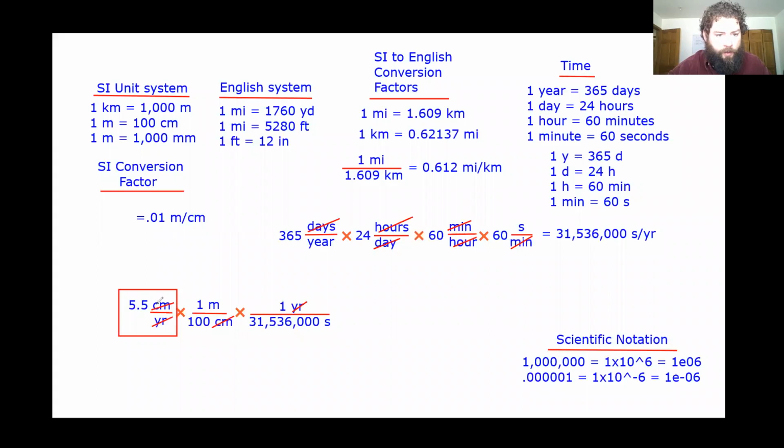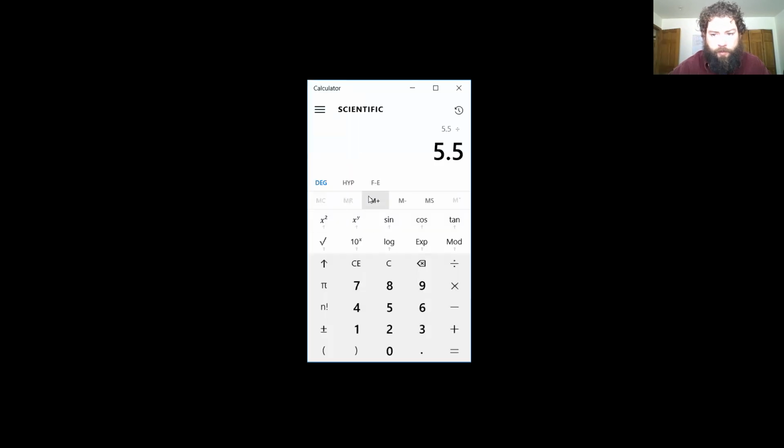Okay, so centimeters per year, we divide by 100 centimeters in a meter, and that gives us meters per year. Back to the calculator. Okay, so 5.5 centimeters per year divided by 100 centimeters in a meter equals 0.055 meters per year, which is the speed of the tectonic plate.